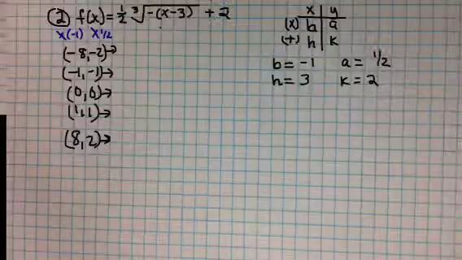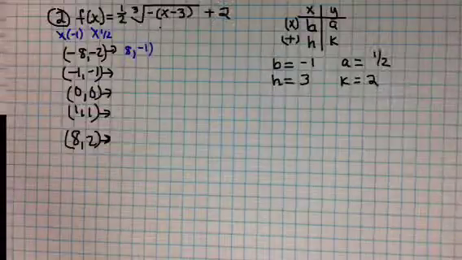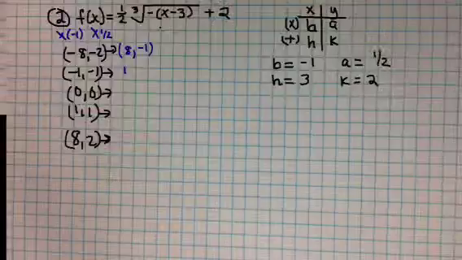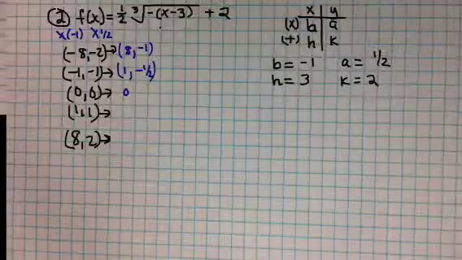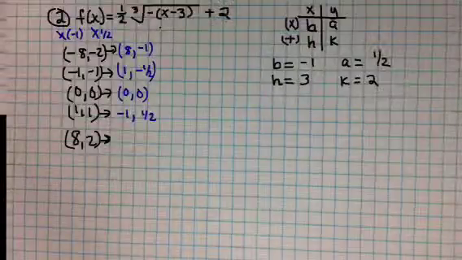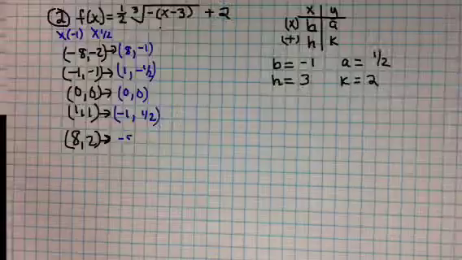So we get 8, -1. Then we get 1, -1/2. Then we get 0, 0. Then we get -1, 1/2. And then -8, 1.